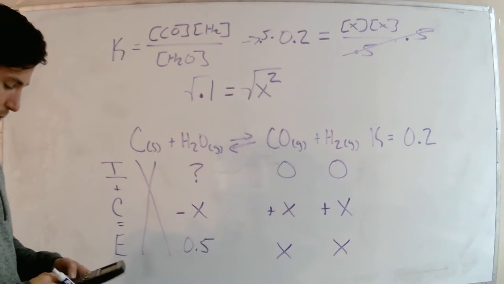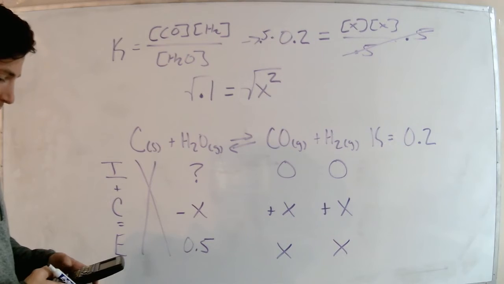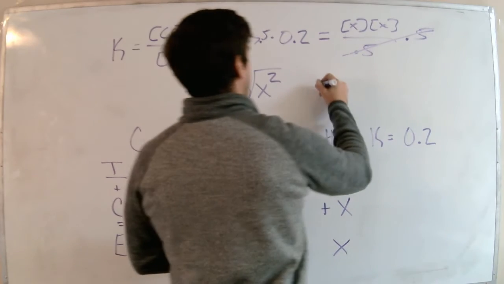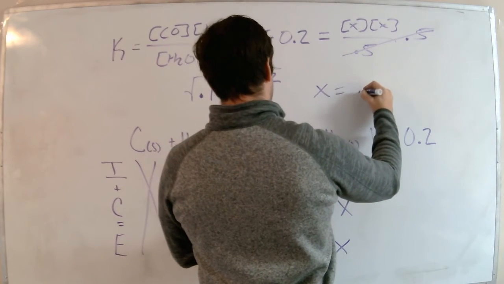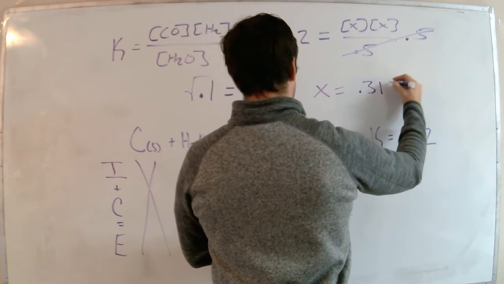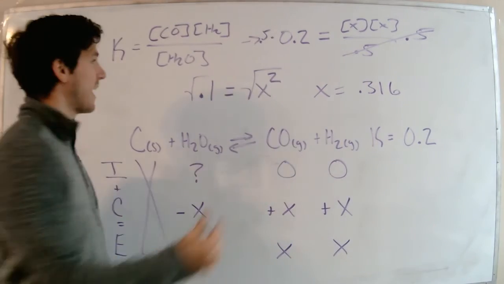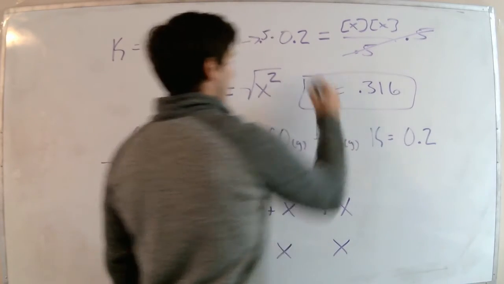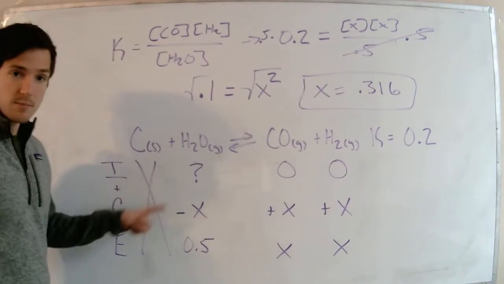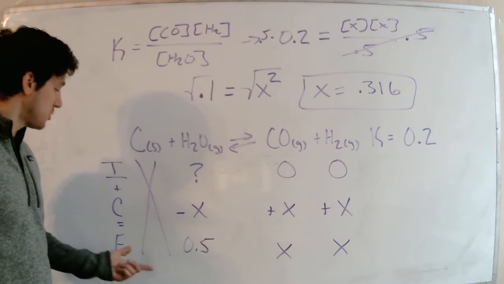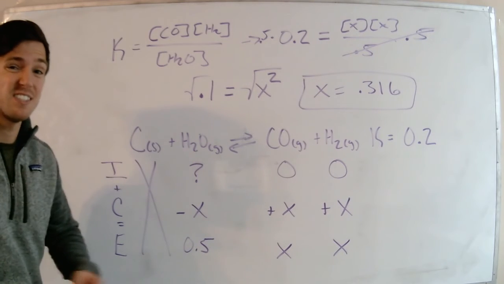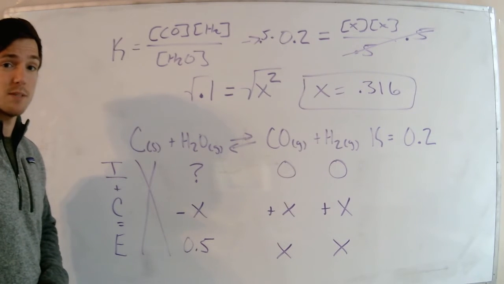So I'm going to take the square root of 0.1, and I'm going to get x equals 0.316. So you're going to be doing that. If there's a point where you get stuck and you don't know what to do, just plug it into your equilibrium expression and see if you can solve for something.